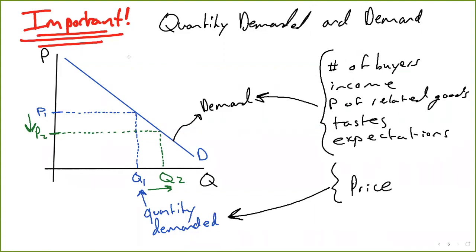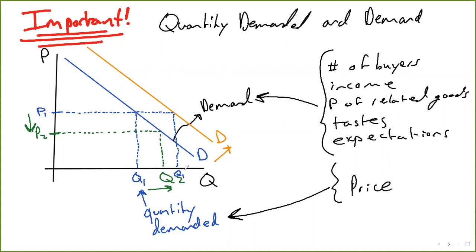Now, the demand curve can change in response to one of these things we talked about. And when the demand curve shifts out, you will get a new quantity demanded even at the same price. So going back to our original P1, at our new demand curve, we get this quantity demanded.